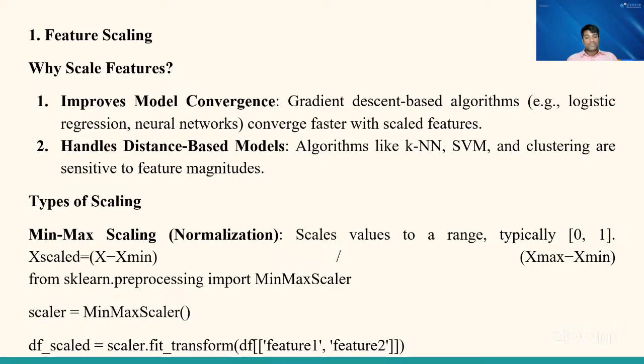When you do this, we don't apply this formula manually. You need not worry about remembering the formula, not required. We use sklearn, which is scikit-learn, and we have a very important function in that, which is MinMaxScaler. In that MinMaxScaler, the scaling is done automatically.